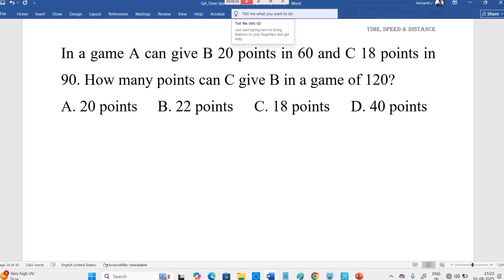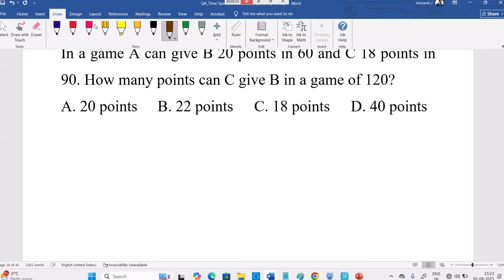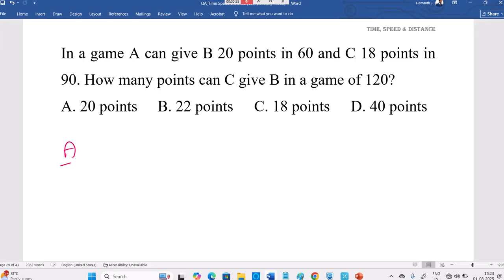Here, A can give B 20 points. As I said already, when A gives 10 meters start to B, the total target of B is 10 less. So here also, when the statement says A can give B 20 points in 60, A will be 60 and B will be 40. So 60 by 40.